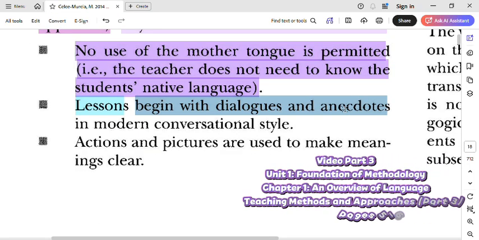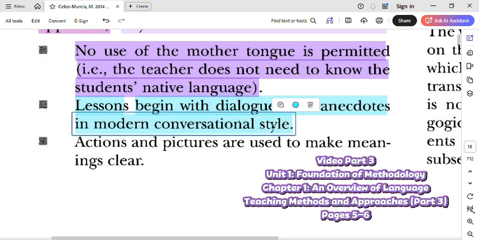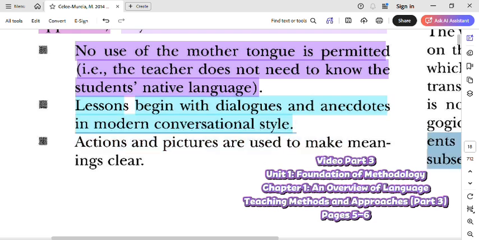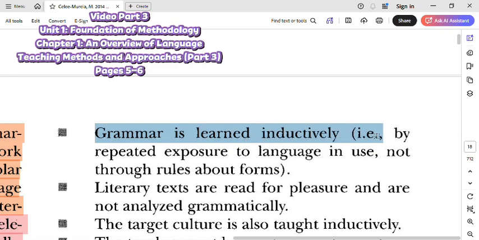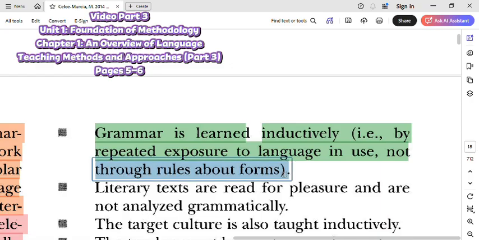Bullet point number 2. Lessons begin with dialogues and anecdotes in modern conversational style. Actions and pictures are used to make meanings clear. Page 5, Column 2, Paragraph 1. Bullet point number 4. Grammar is learned inductively, in brackets, i.e., by repeated exposure to language in use, not through rules about forms.